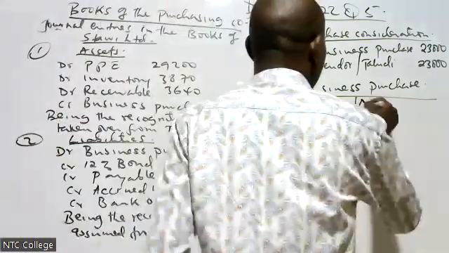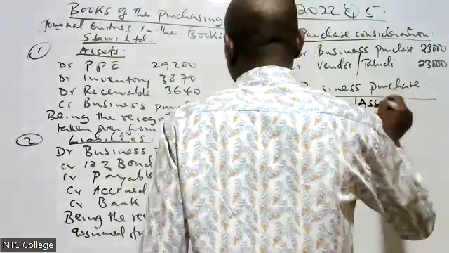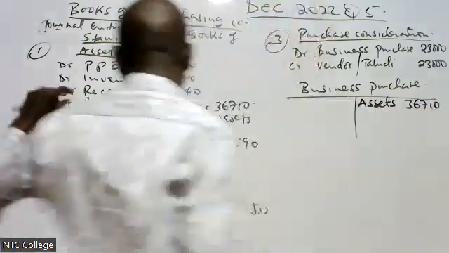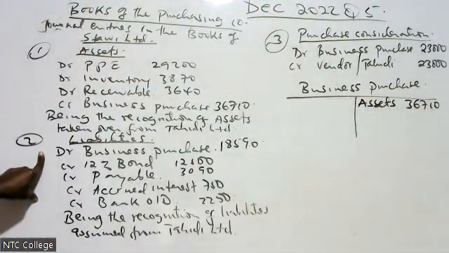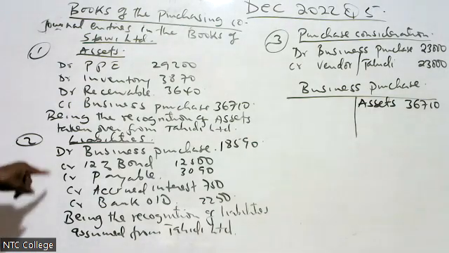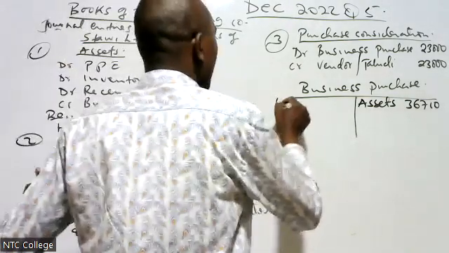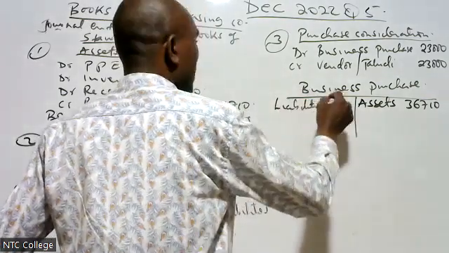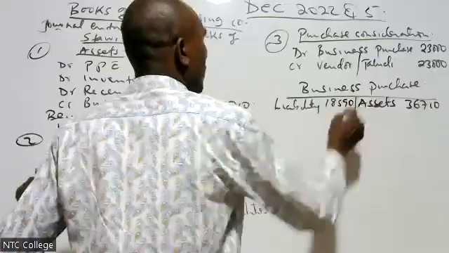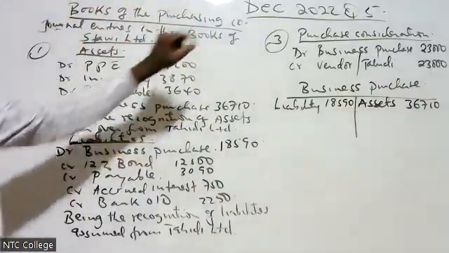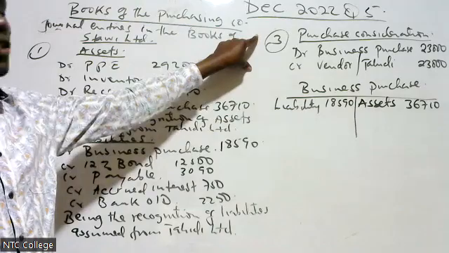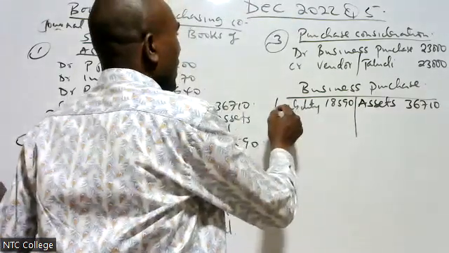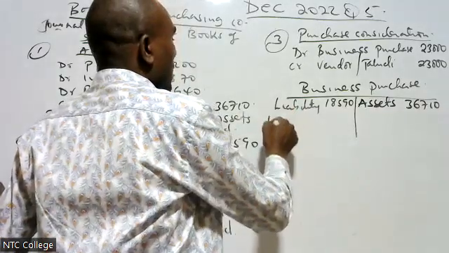Therefore, I would say here assets, which is 6,710. With the liabilities assumed, you debit business purchase, you credit liability. Thereby say here liability, 18,590. Then with purchase consideration, you debit business purchase, you credit Dahiti. Thereby say here purchase consideration.